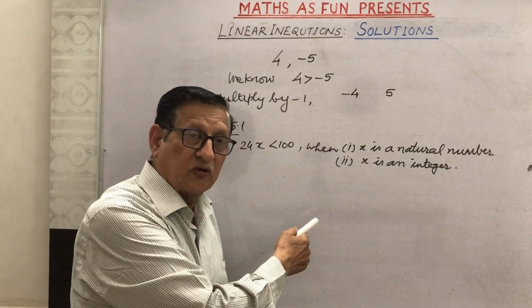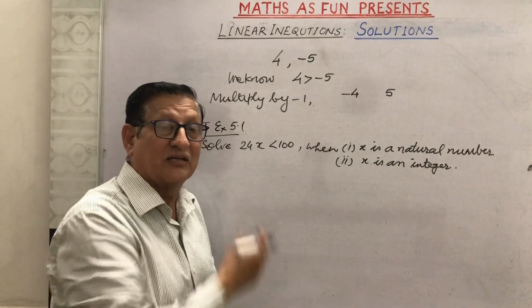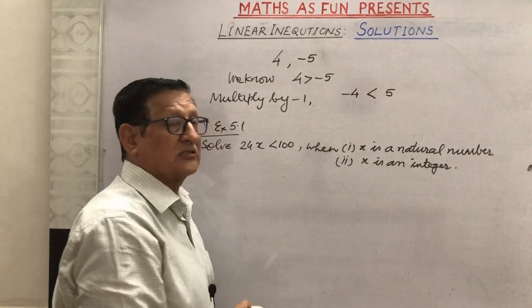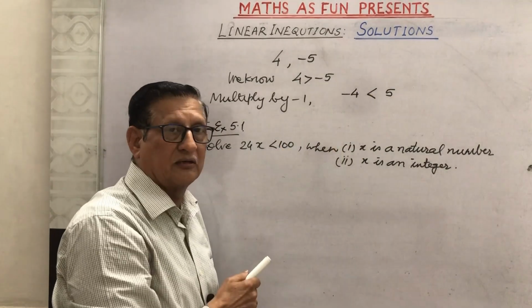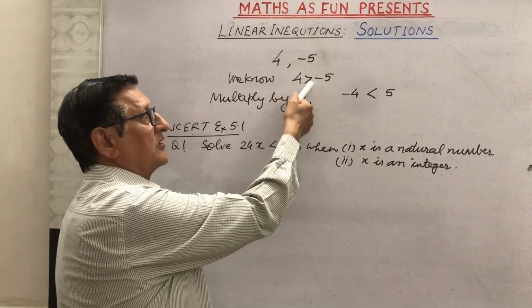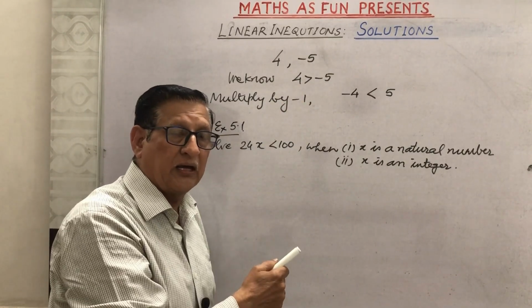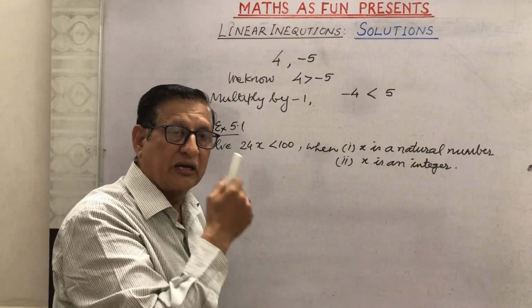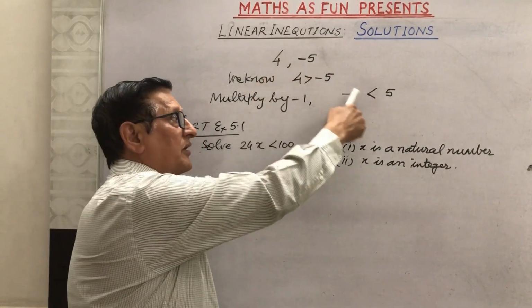Is minus 4 greater than 5? No, it is a negative number. It is less than 5. So, minus 4 is less than 5. The sign of inequality here is less than, whereas it was greater than before. And that's what we say: if we multiply any inequality or inequation by a negative number, the sign of inequality is reversed.